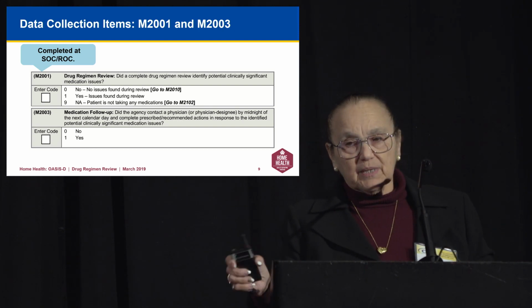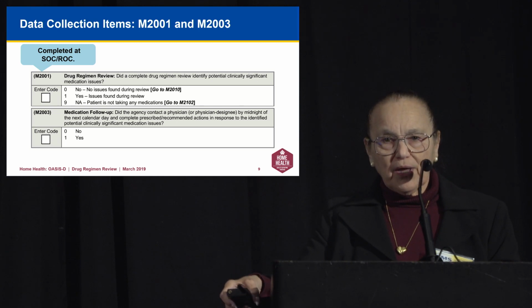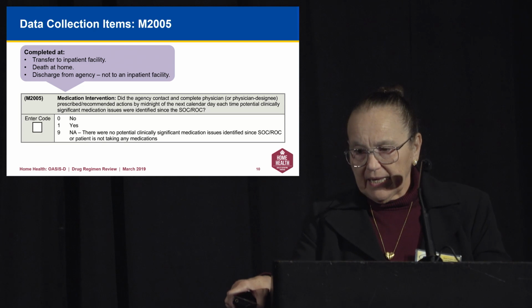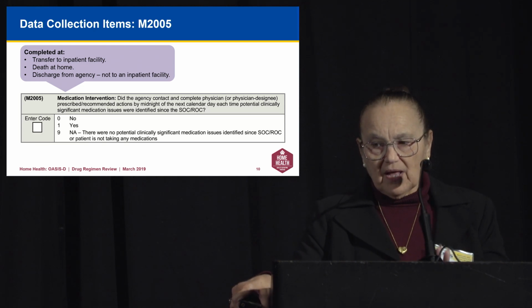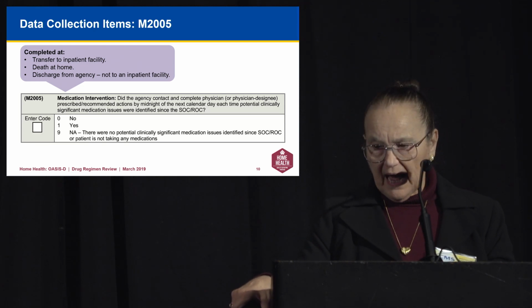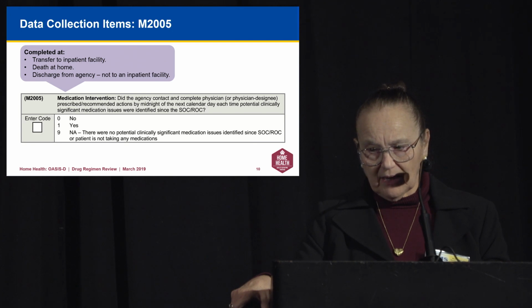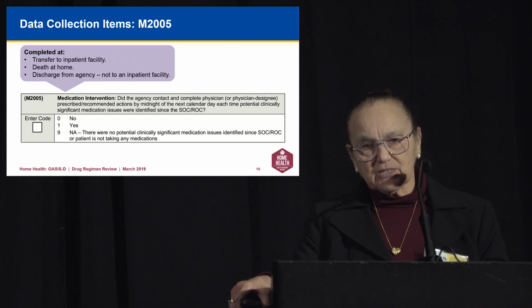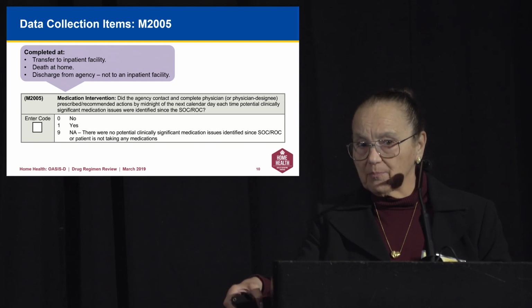And this gives you the ability to look at what you're going to see in the tool when you are using it. Here's 2005. This element is completed at transfer to inpatient, death at home, and discharge from the agency not to an inpatient facility. Remembering that 2005 asks you to go back and look through the entire episode of care.